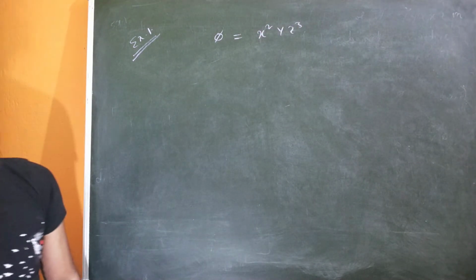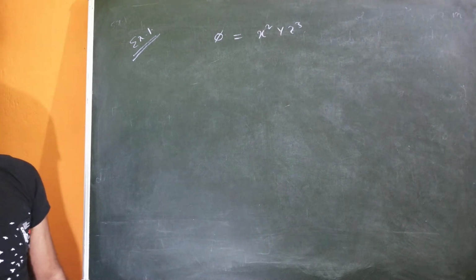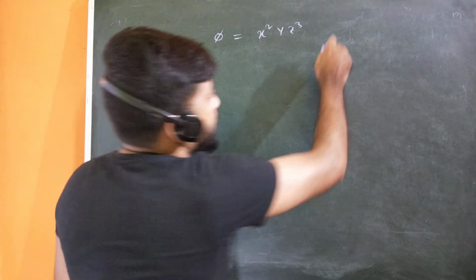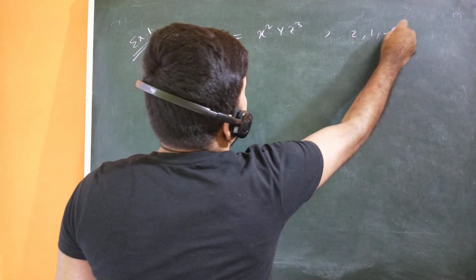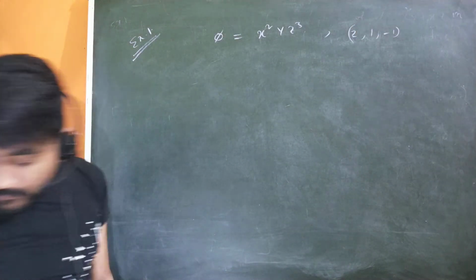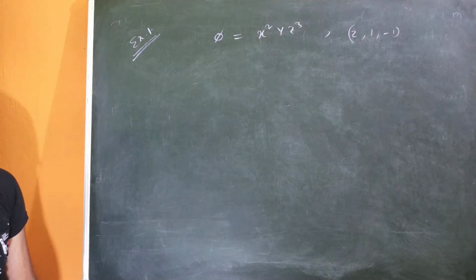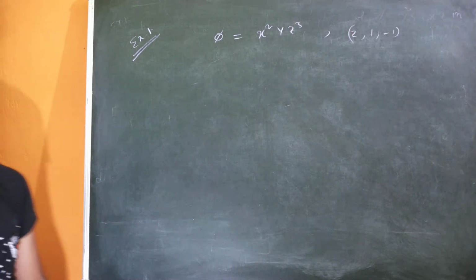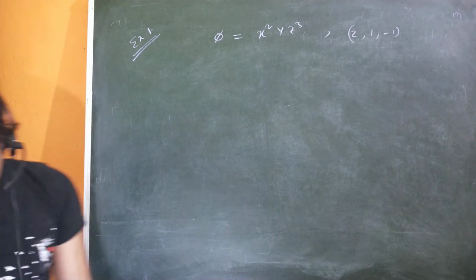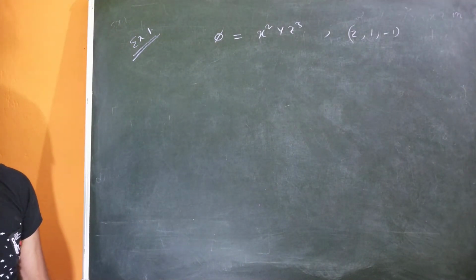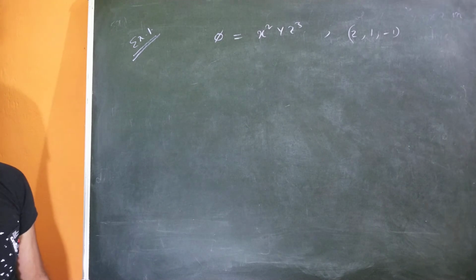Given φ = x²yz³, in which direction through the point (2, 1, -1) is the directional derivative maximum, and what should be its value? So we have to find out in which direction the directional derivative is maximum.